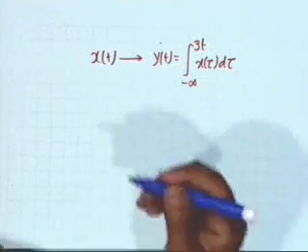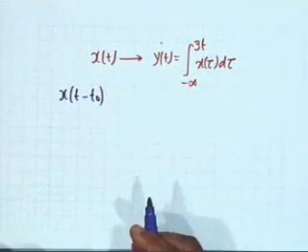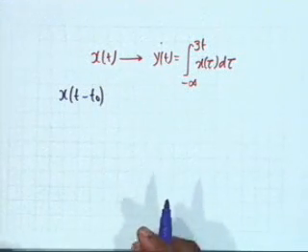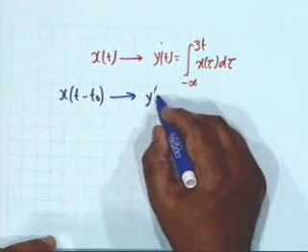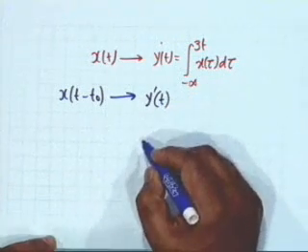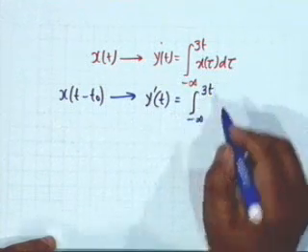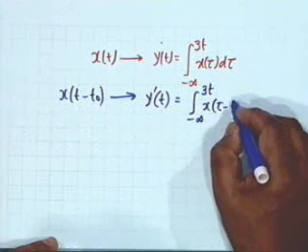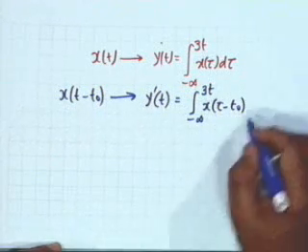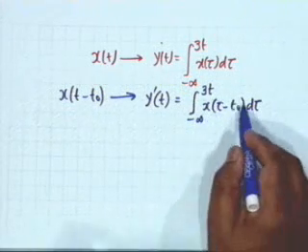Now, if I delay the input by, let's say, t0, that's how we test time invariance, then the new output, let's call it y prime of t, shall be equal to the integral from minus infinity to 3t of x of tau minus t0 d tau. Is that right? All that changes is the input.